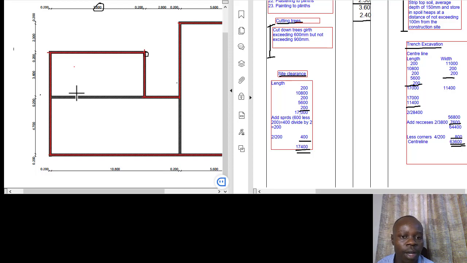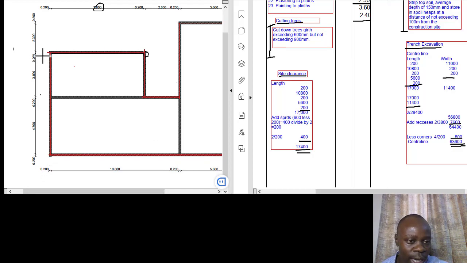This one has what we call recesses, so it's not a perfect shape, which might give you even more trouble. When you understand this explanation, you are in a better position to understand simpler ones moving forward.